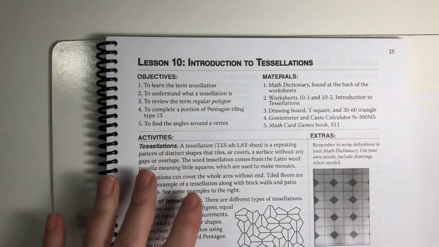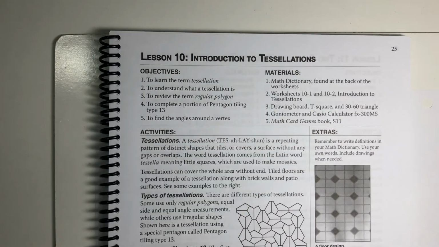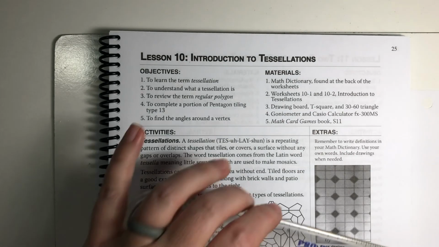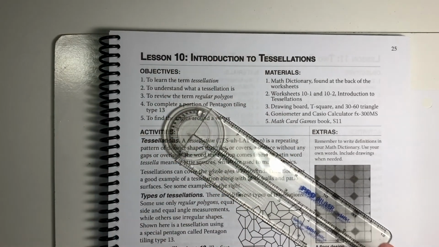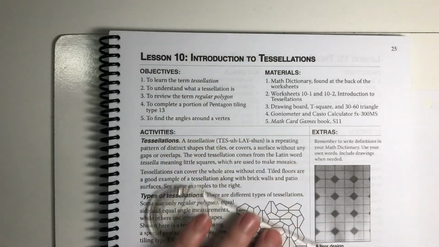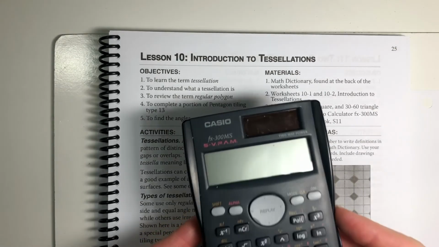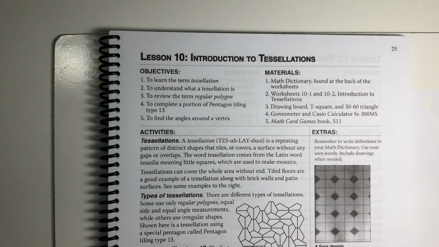Our drawing tools are usually listed as one item. Then we also need a goniometer, which helps measure angles, and our Casio calculator. You can use a different scientific calculator. We do recommend not using your phone, because phones don't use the same order of operations that a scientific calculator does.